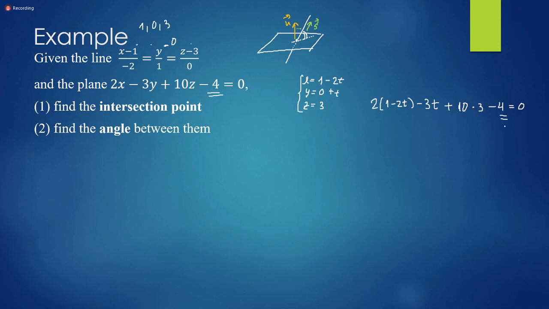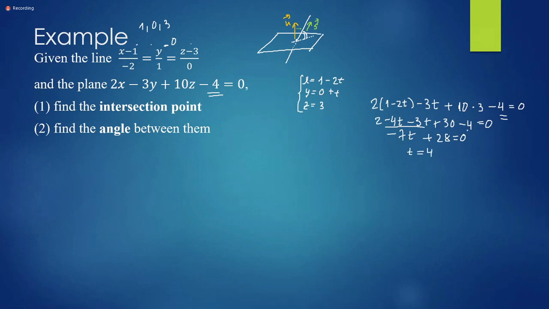But d is easily forgotten, and we should not. And so we solve this: 2 minus 4t minus 3t plus 30 minus 4 equals 0. And so we have minus 7t, combining these, and then 2 plus 30 is 32, minus 4 is 28, which means t is equal to 4.